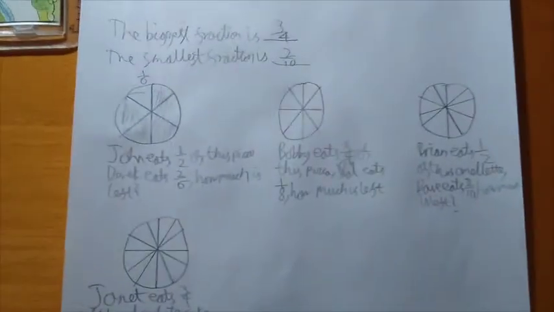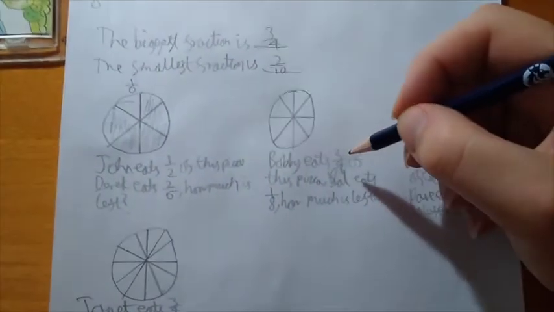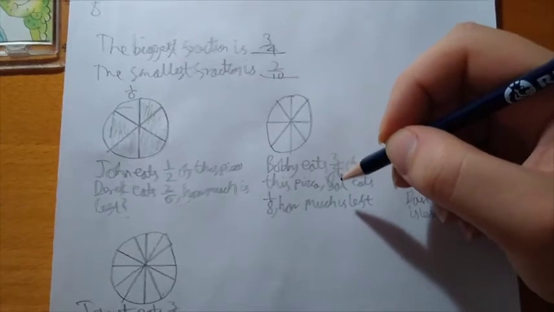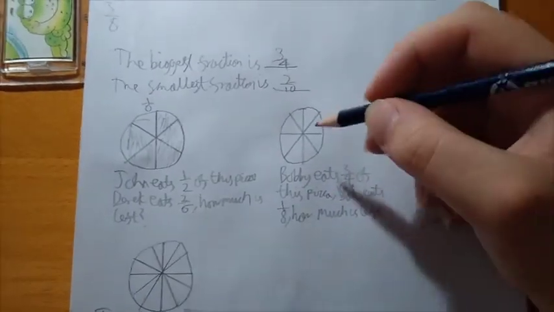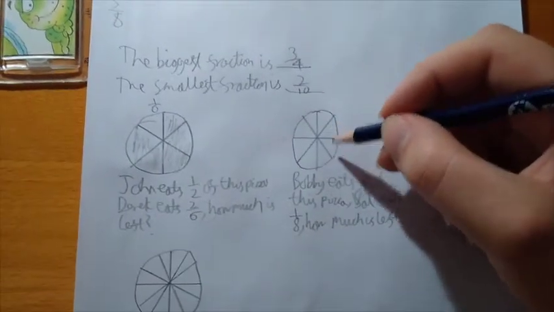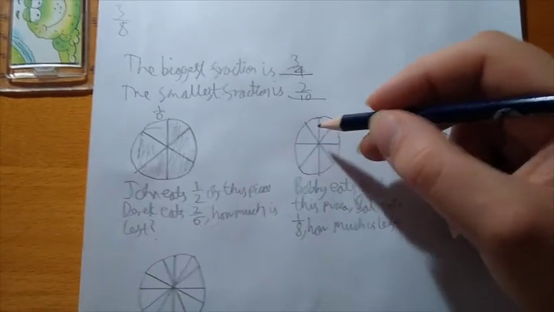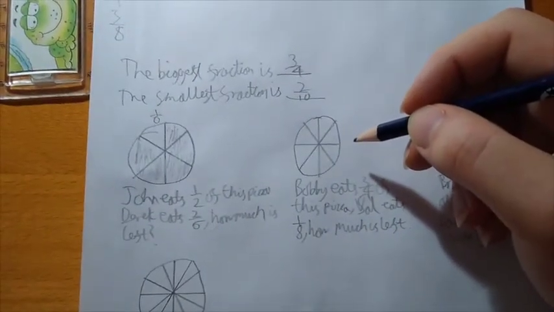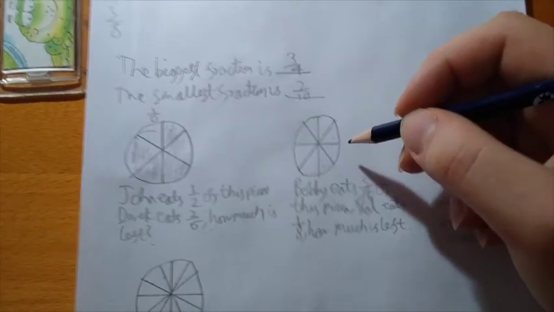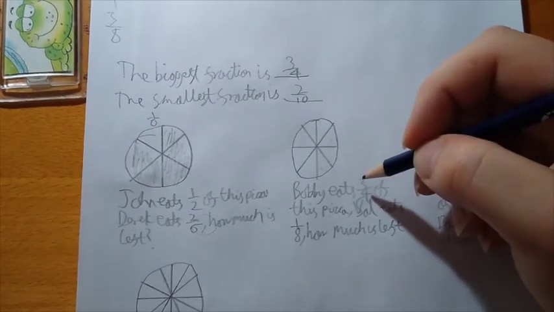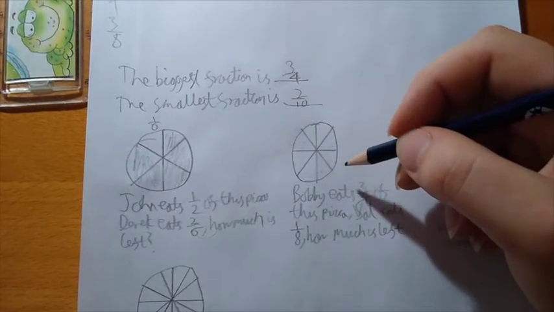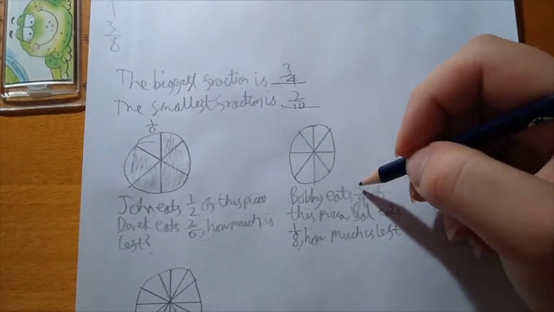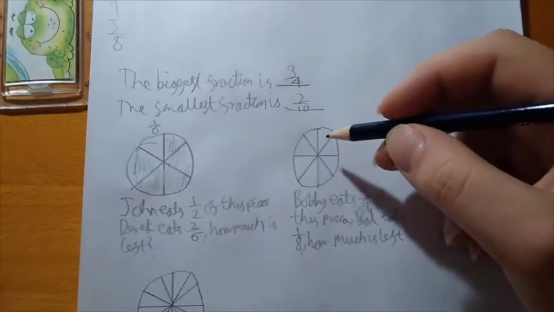So Bobby eats 3/4 of this pizza, Sal eats 1/8. How much is left? So this pizza is split into 1, 2, 3, 4, 5, 6, 7, 8 slices. So 3/4 of 8 would be 6/8, because this is split into 8s rather than quarters, and double 3 is 6 and double 4 is 8.